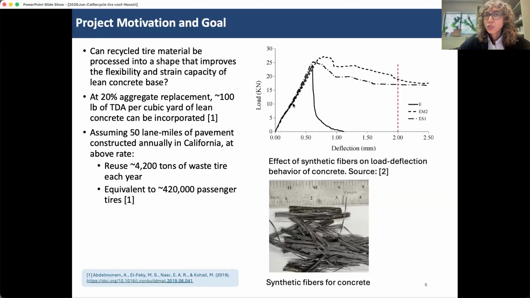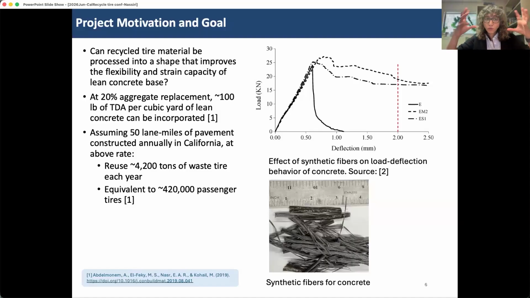What you see in this picture is an example of synthetic fibers. And so the idea is that if we can emulate what the synthetic fibers are doing in the concrete by cutting the TDA or optimizing their shape in a way that they could potentially have a similar effect on the load deflection behavior of LCB, is it possible that we add to its flexibility?